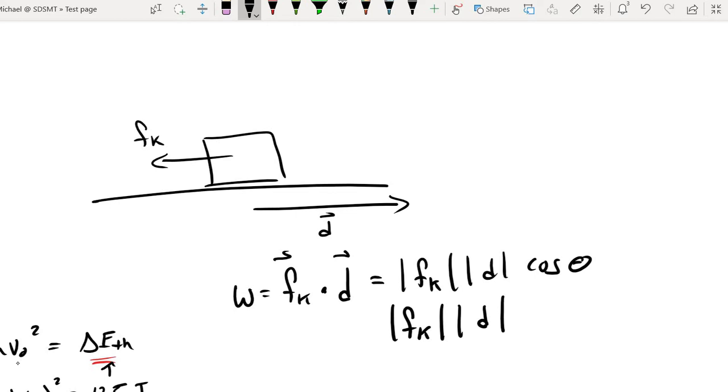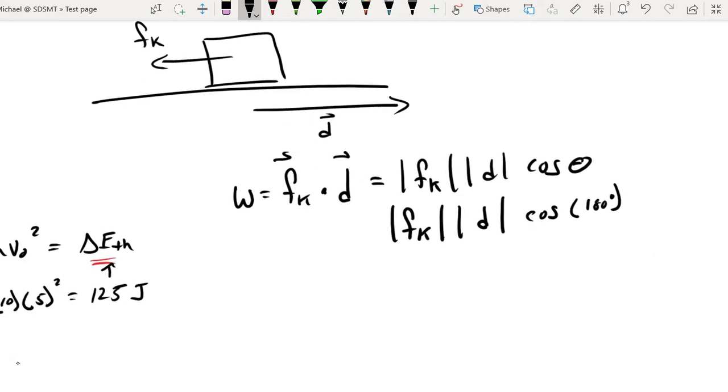Likewise, we'll assume we know what the displacement is. But the important part is the angle relationship. The displacement and the friction force are pointing in opposite directions. That's a cosine 180. Cosine 180 is a -1. And so there is the expression that tells us how much work our friction force is going to do.